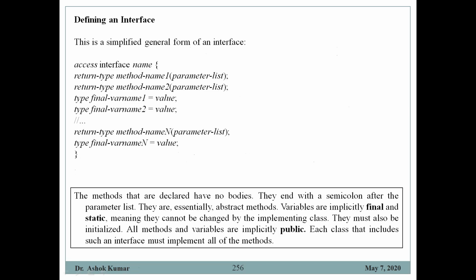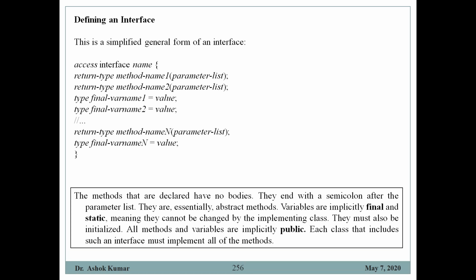So here is the general form of declaring an interface in a Java program. First you need to write an access modifier. We discussed that Java provides us access modifiers: static, public, protected, and private.